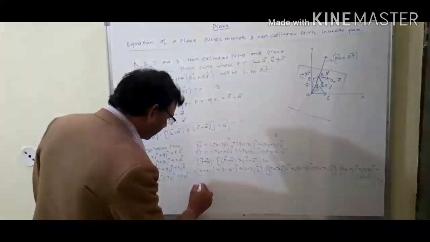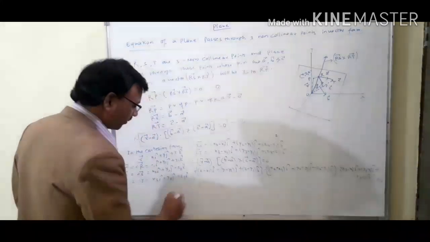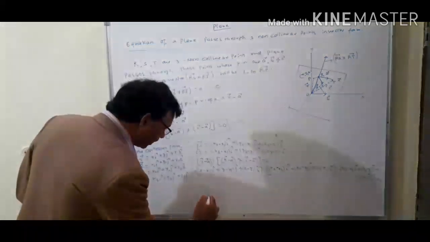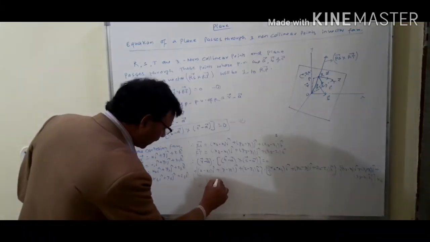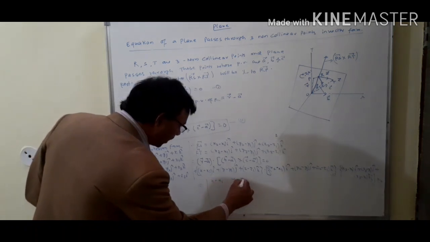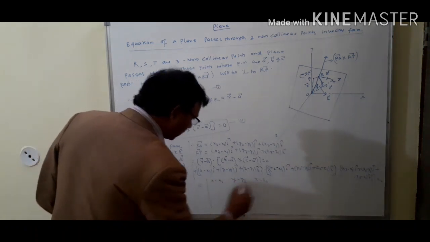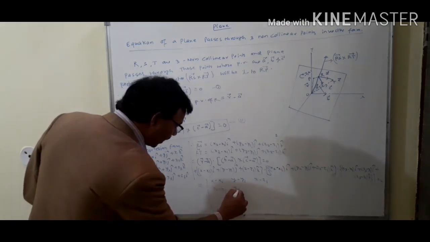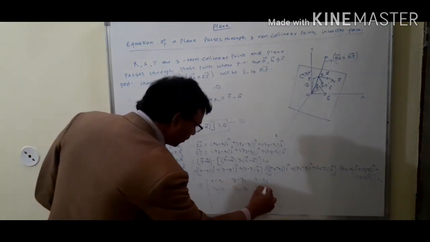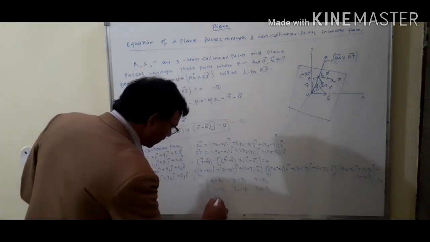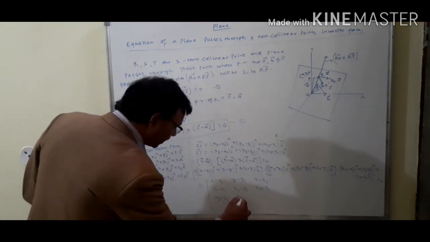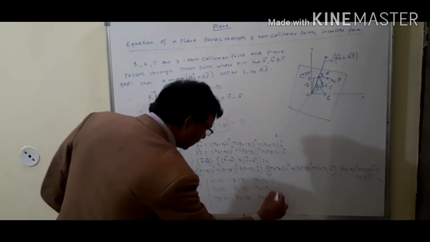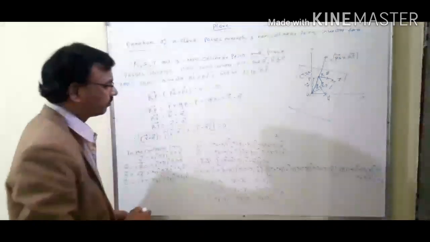If we arrange this in the form of a determinant, it will be written like this: x minus x1, y minus y1, z minus z1; x2 minus x1, y2 minus y1, z2 minus z1; x3 minus x1, y3 minus y1, z3 minus z1, equal to 0.